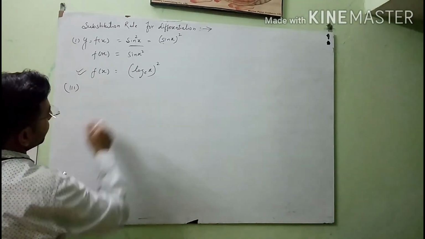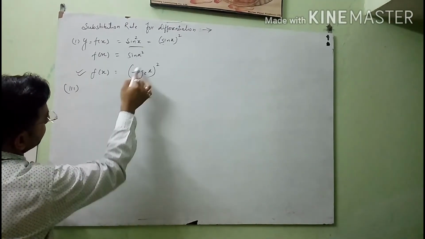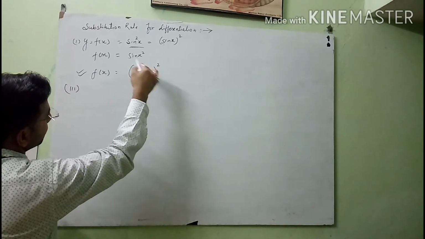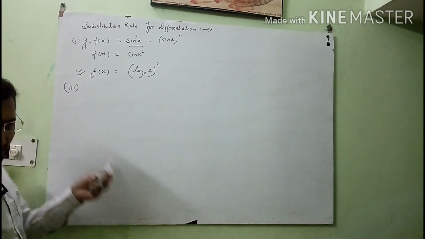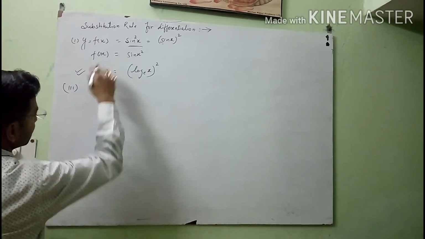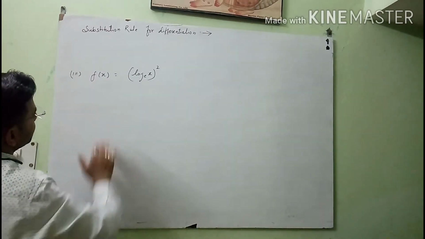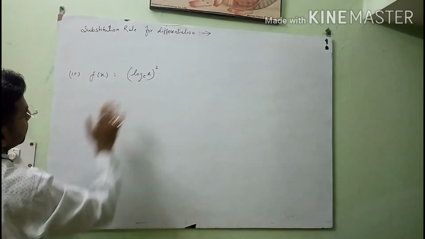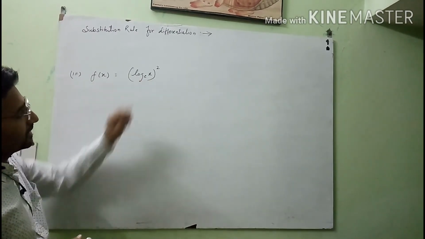In this third question, I have given a function f(x) in the form of log x, but log x whole square. So again, I am using the substitution method to solve this function's differentiation. See here, f(x) is equal to log base e of x, whole square.